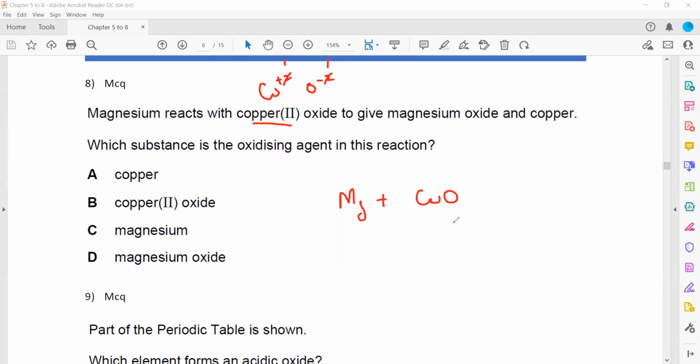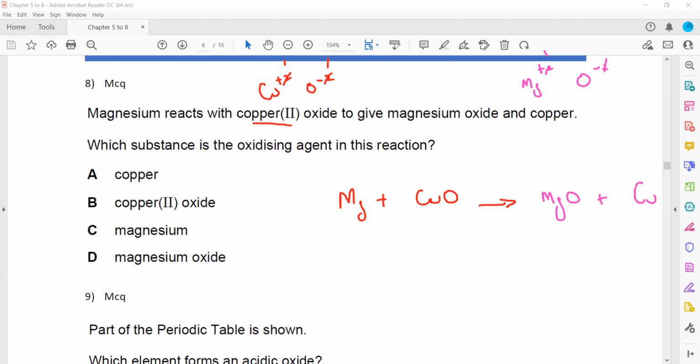When they react with each other, magnesium is more reactive, so the magnesium will displace the copper from its compound. As a result, it will produce magnesium oxide, and the formula of magnesium oxide is also MgO, because magnesium is +2 and oxygen group 6 is -2. When we simplify, the simplest ratio is 1:1. So magnesium oxide plus copper metal is produced.